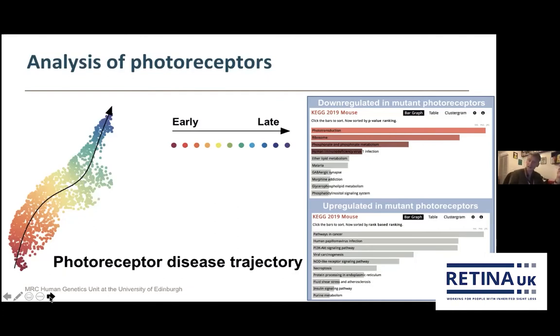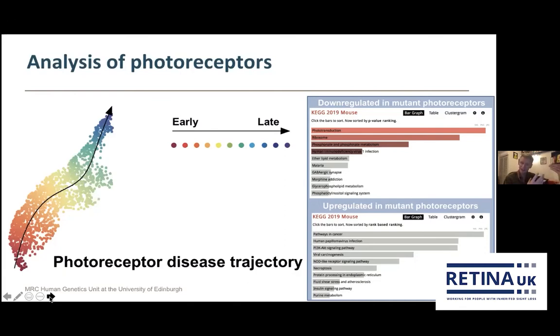But then we look at the different levels of RNA that are upregulated in the mutant photoreceptor. And what we see is that there are lots of different pathways that are being upregulated, but one in particular is necroptosis.